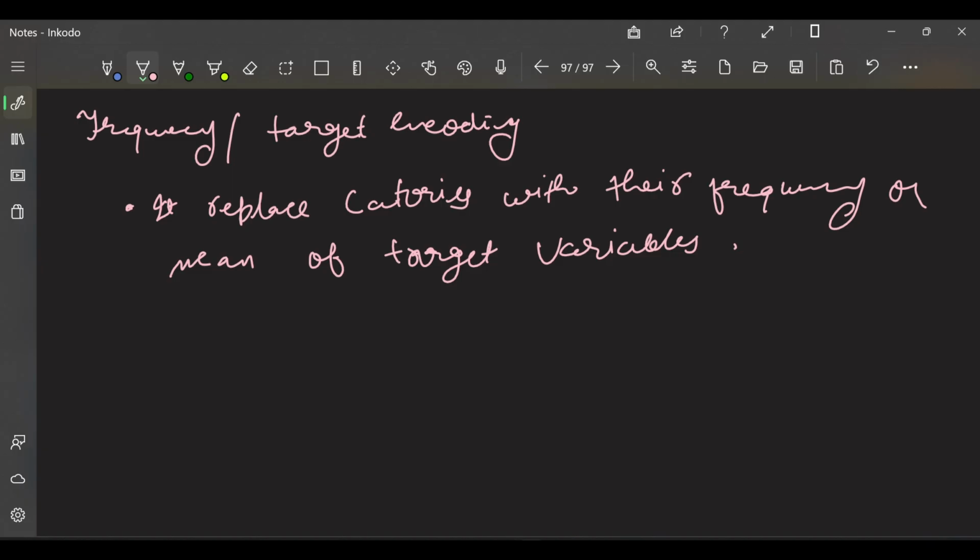I hope I'm clear. So for example, in a loan data set, job type is replaced with the default rate.